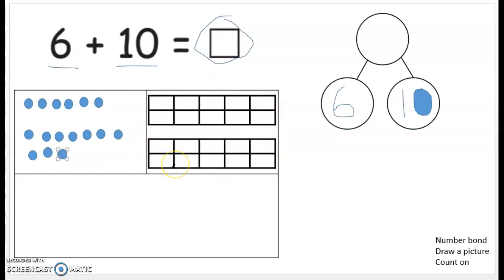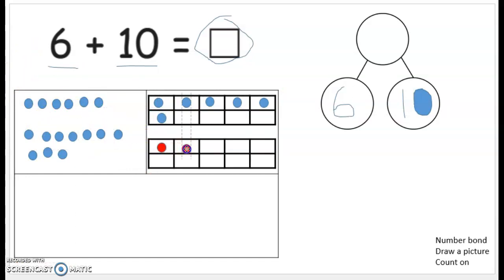The 10 frames help the kids keep their drawings organized. So now if we were to look at 6, so now we have 6 and 10.